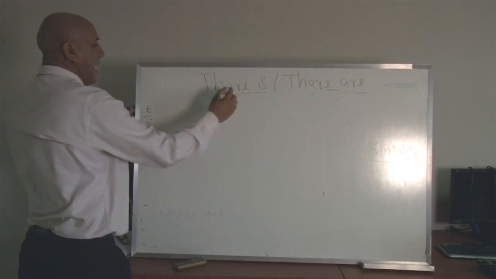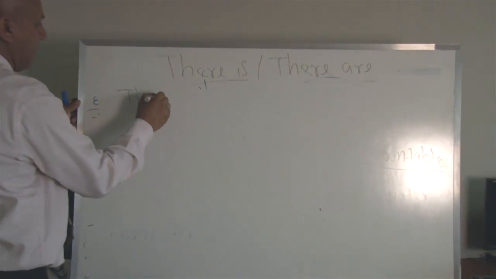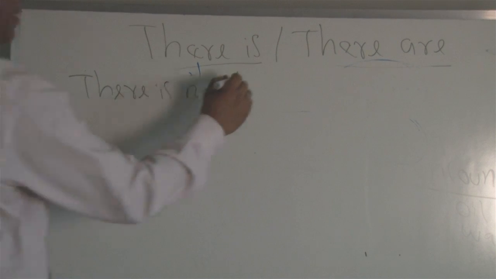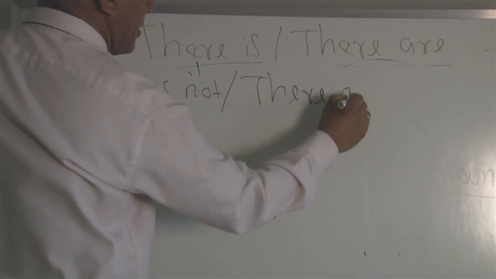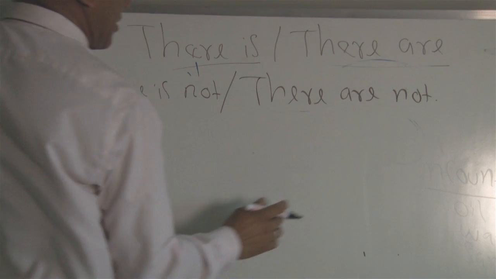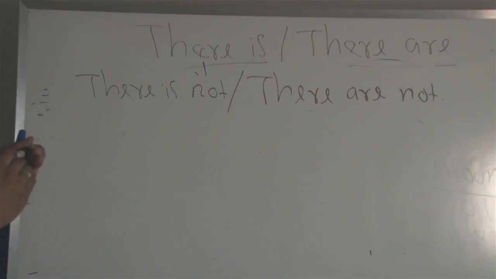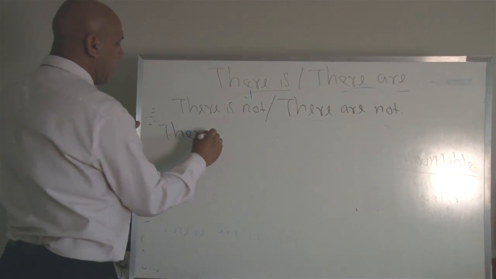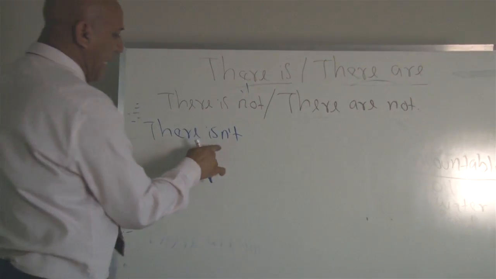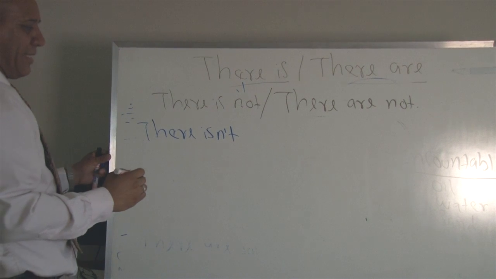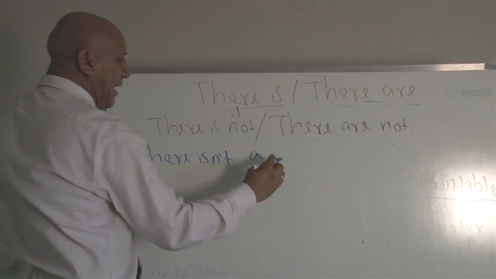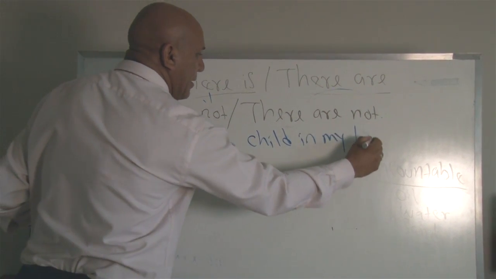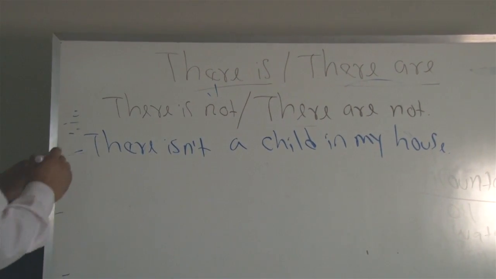So what happens in negative sentences? For negative, singular is there is not, and plural is there are not. There isn't is constructed of is not. There isn't a child in my house.